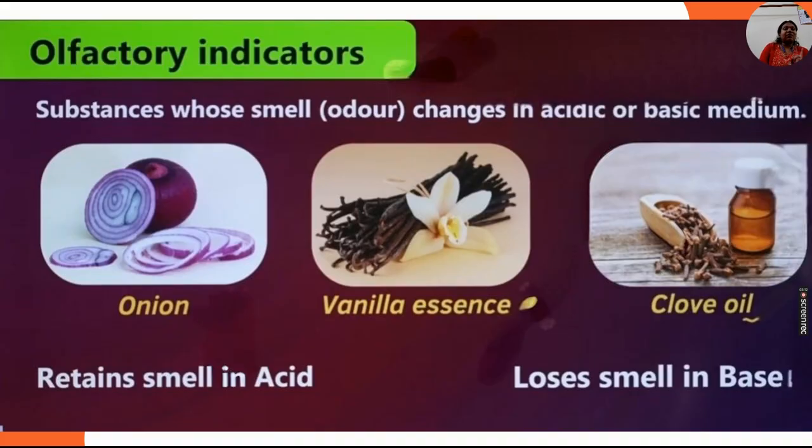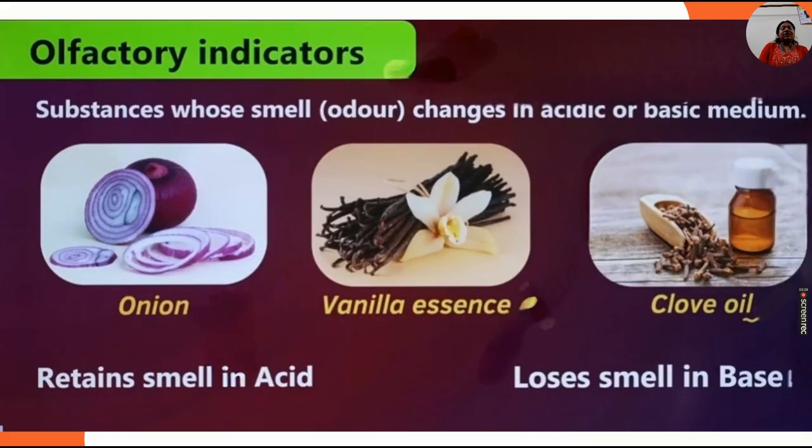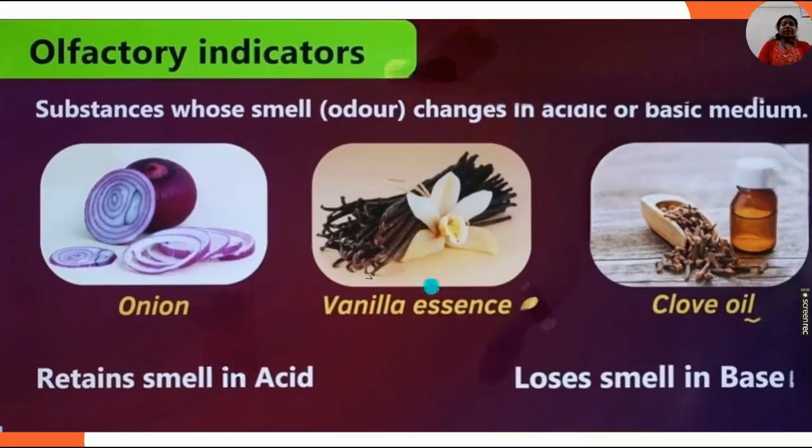This point is very, very important. You have to understand this. So first, the example of onion. Onion retains its smell in acid, but in the presence of base, it changes its smell. Similarly, if we use vanilla essence as an indicator, what happens?